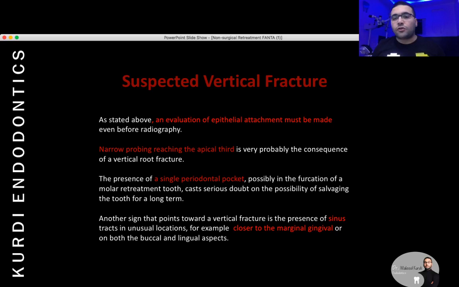And there is also a very important sign you can see when there is a sinus tract in an unusual location, for example closer to the cervical part of the tooth, because in vertical root fracture I always see this kind of fistula near the marginal or gingival part of the tooth.